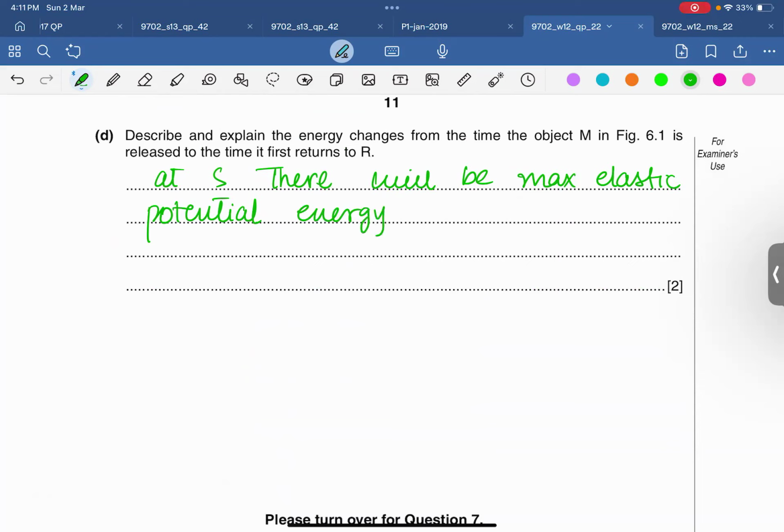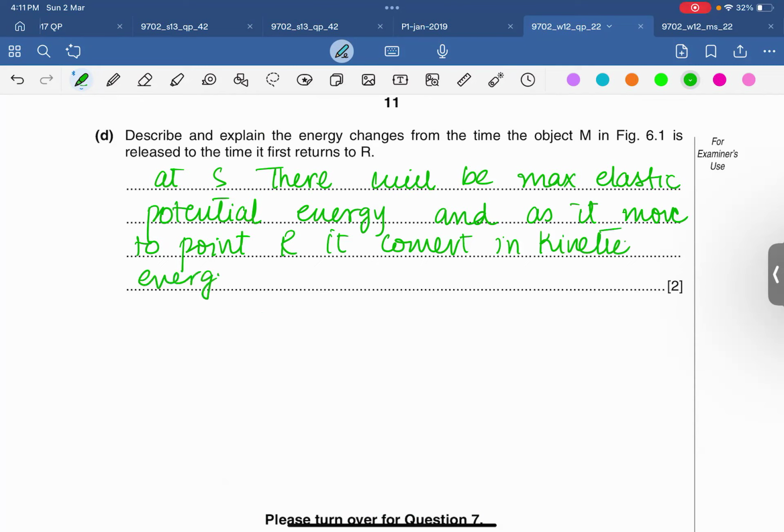energy, and as it moves from point S to point R it converts into kinetic energy.